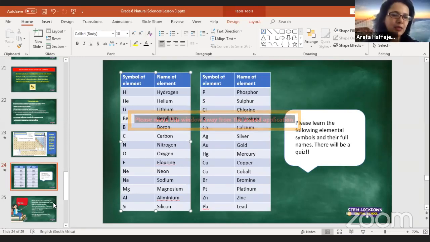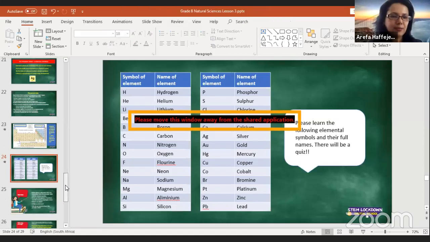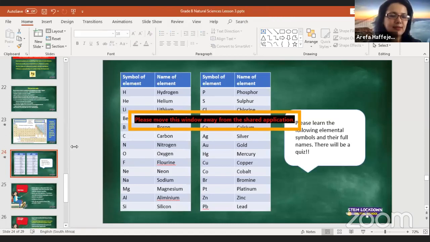That would be Tuesday's lesson. So I want you to learn the slide very well for Tuesday's lesson. You're welcome to take a screenshot of it, and while you're lying down in bed or doing some exercise or whatever, you can learn it.